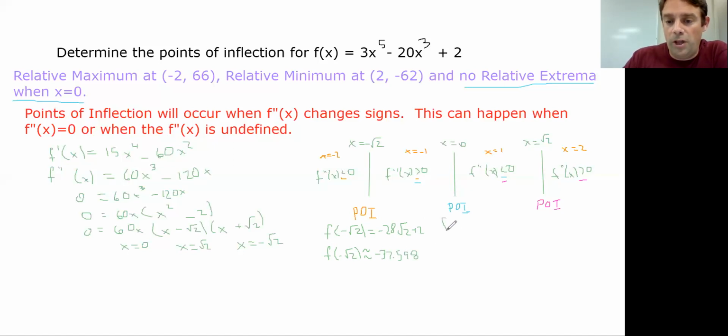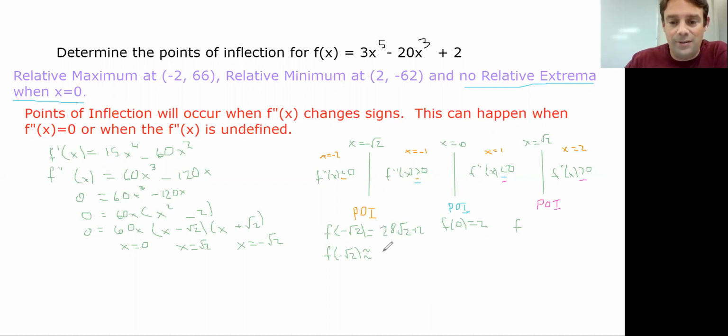When I plug in this one, f of 0, that's 2. And when I plug in the positive root, oops, I got the wrong value for that one. Excuse me. It should have been a positive. Hard to read, couldn't read my own handwriting. I maybe calculated these earlier.